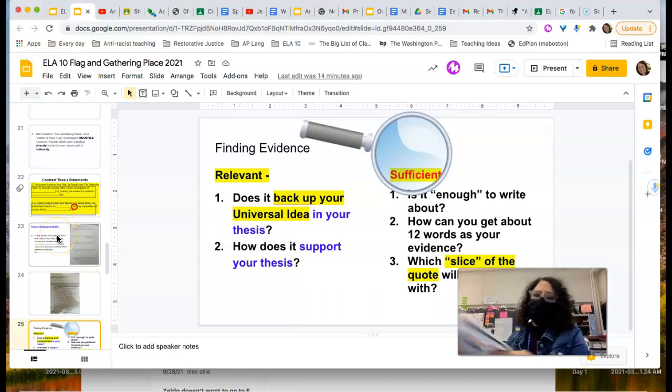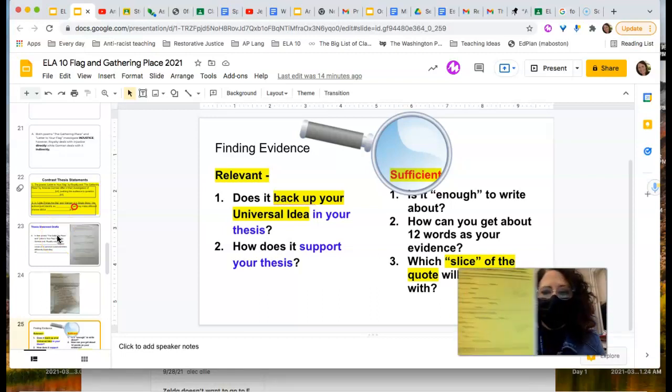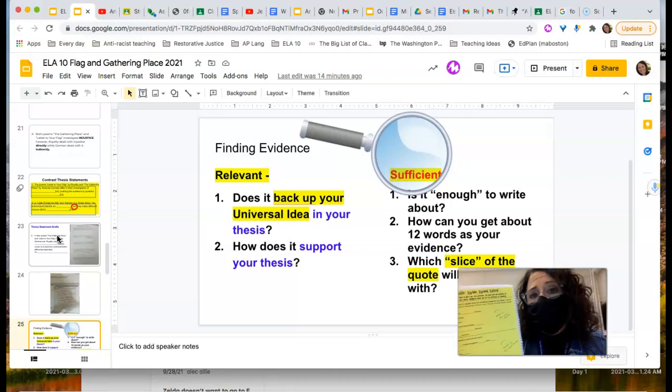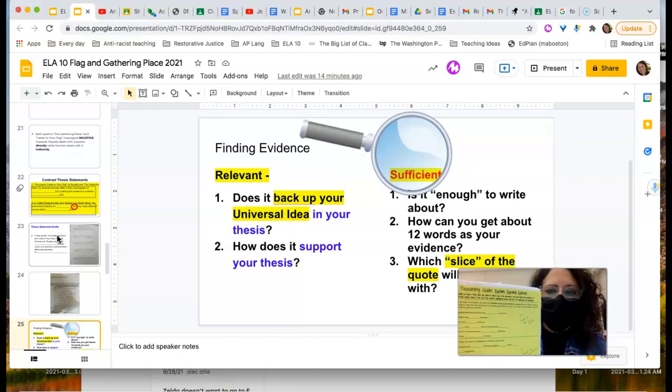I have a very specific way for you to write reasoning that is at the college level. As I tell my advanced placement students, they get similar guides like this in order to analyze text. The way we learn to write is through mimicry or imitation, where we are using stems until they are implanted in our brain so that we can do them without the stems in a few months.